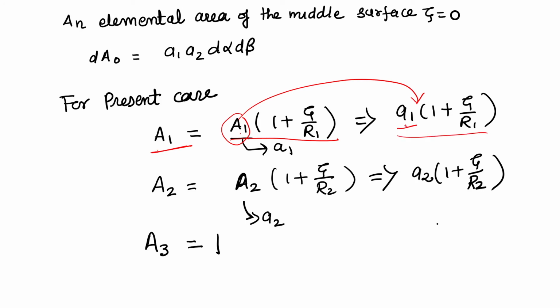From now onward, if I call capital A1, that means a1 times 1 plus zeta by R1. Capital A2 means a2 times 1 plus zeta by R2. Capital A3 means 1. So, the elemental area of a middle surface, where zeta is 0, you can put zeta as 0 and we can find out small a1, a2, d alpha and d beta.